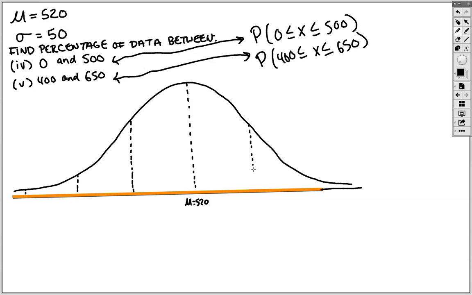One standard deviation above the mean is 570, another is 620, and another would be 670. We said that before. And below it's 470, then 420, and then 370.